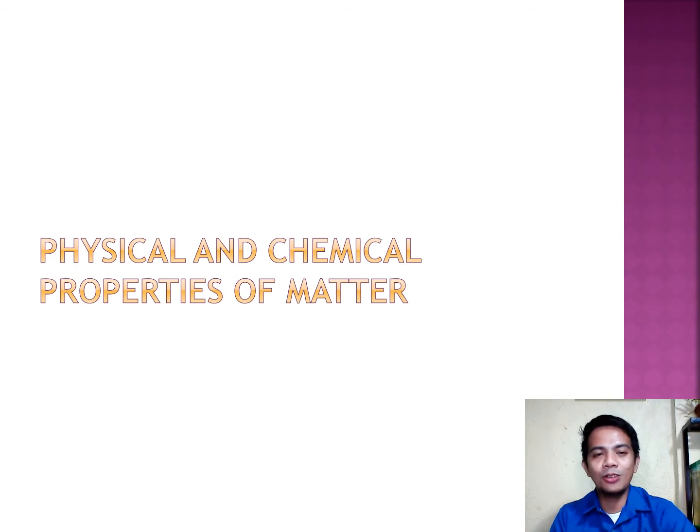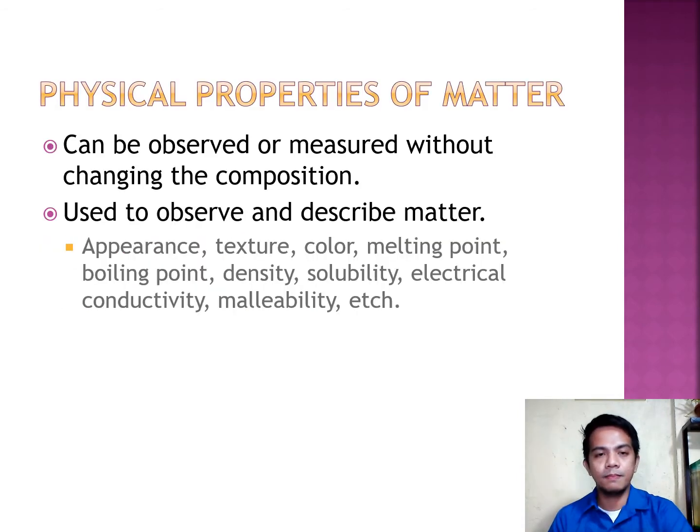Now let's move on to the physical and chemical properties of matter. Physical properties of matter can be observed or measured without changing the composition. It is used to observe and describe matter.